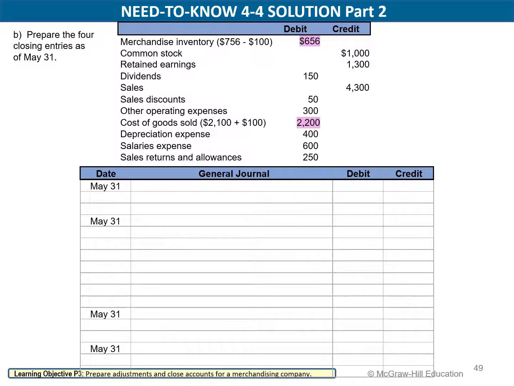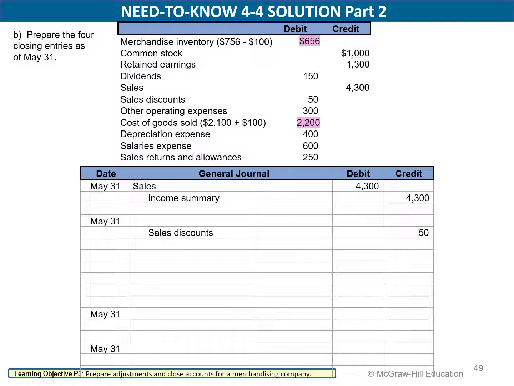Right, and so the 4 closing entries as of May 31st would be this. All of the income statement accounts are closed to the income summary. Our sales has a credit balance of $4,300. So that's a credit balance. In order to close it, we need a debit, and we're going to credit income summary for $4,300. Then all of our expense and contra revenue accounts.